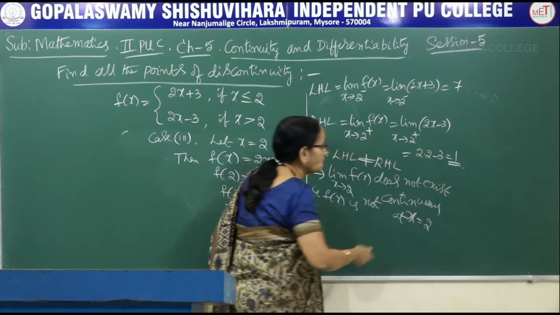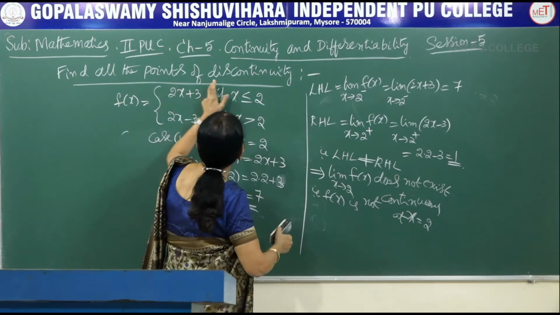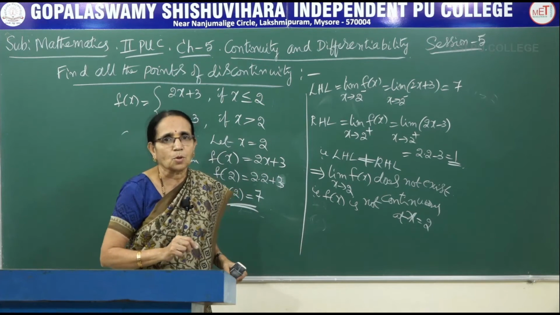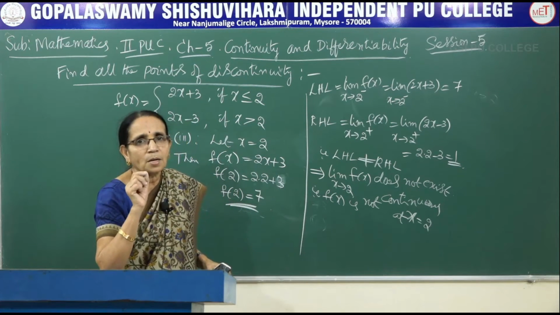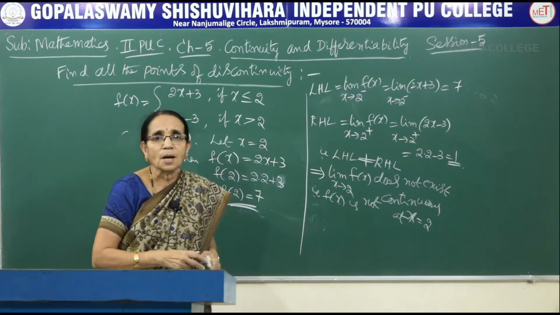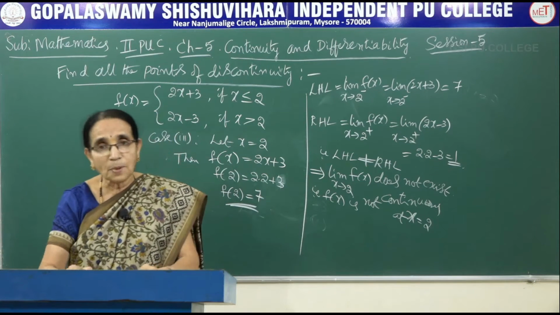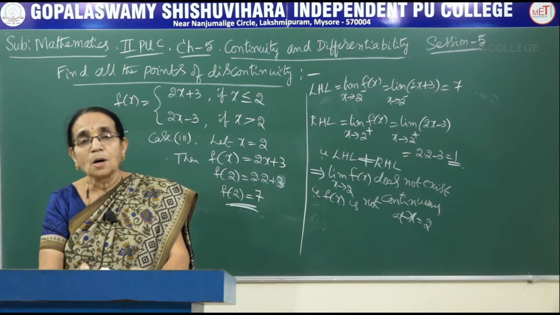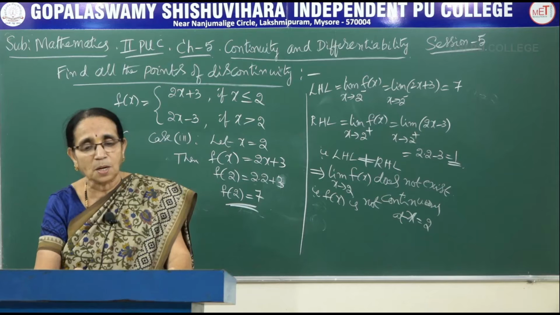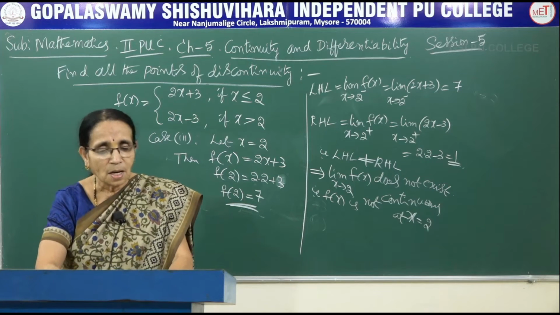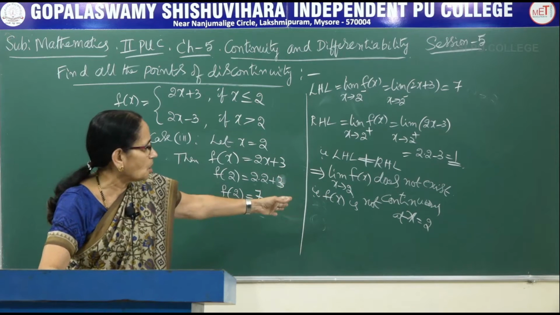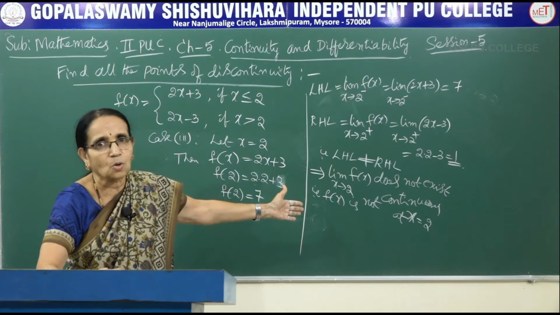See, what was the question I had asked you? Find all the points of discontinuity. This is how the instruction is given to you. So how do you write the answer? I am telling you repeatedly, whenever you write the answer, look at the way the question has been asked. If they have asked you to examine the continuity, you can just stop there: it is not continuous at x equal to 2.